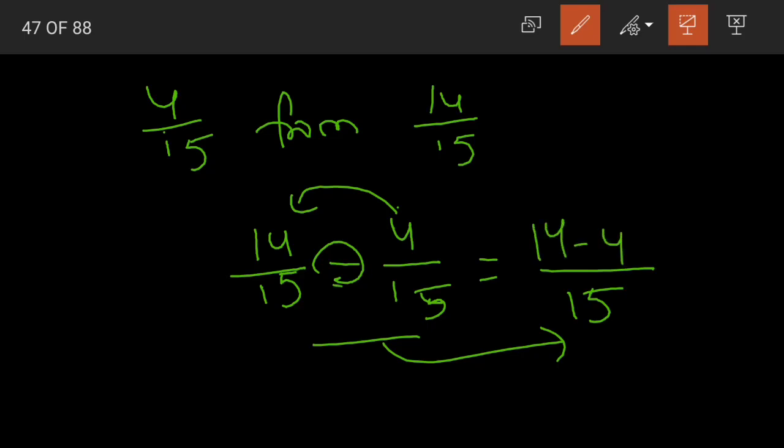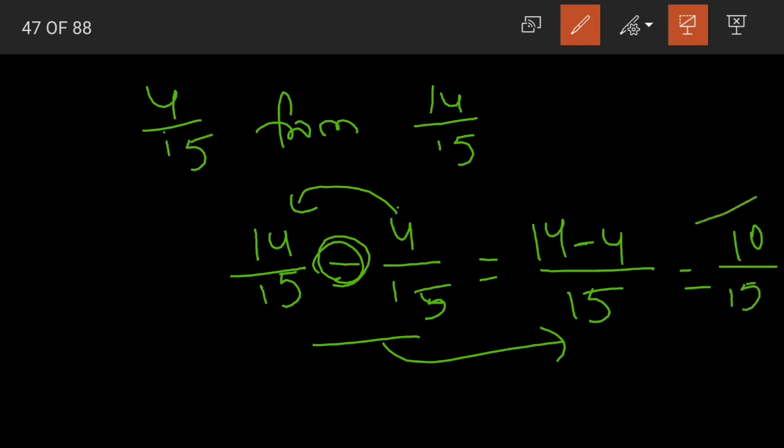14 minus 4. Understood? The only difference between addition of like fractions and subtraction of like fractions is that there we added and here we'll subtract. 14 minus 4, 10, divided by our common denominator 15.